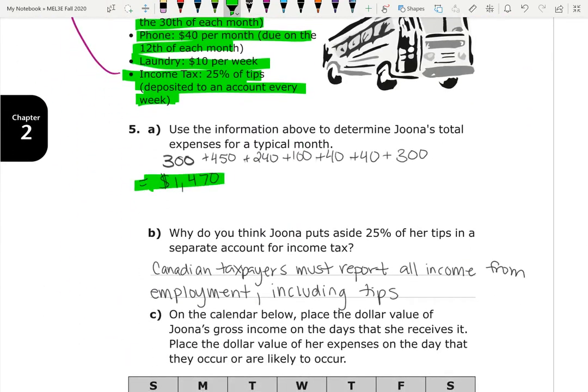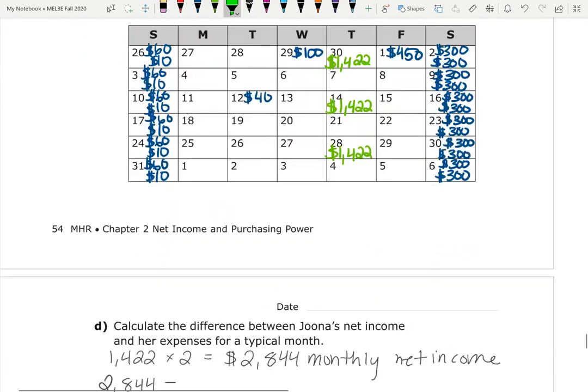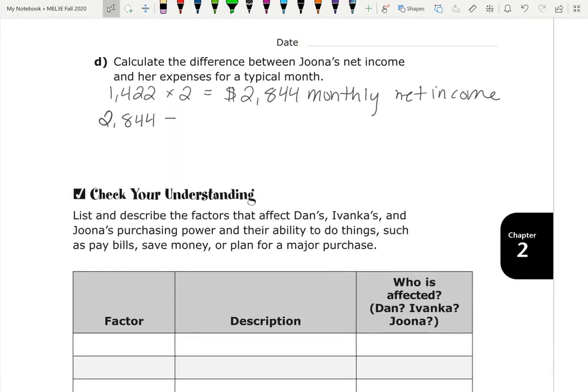Yes, right here. $1,470. So she has $1,374 left over, which is very good. That's a healthy amount to have left over.